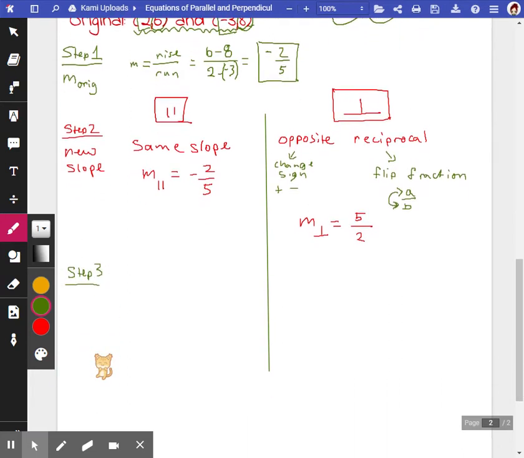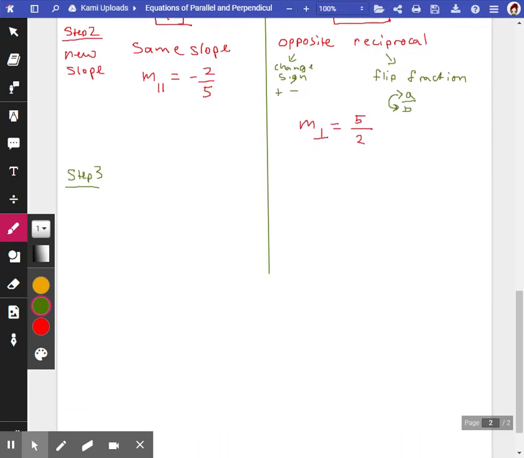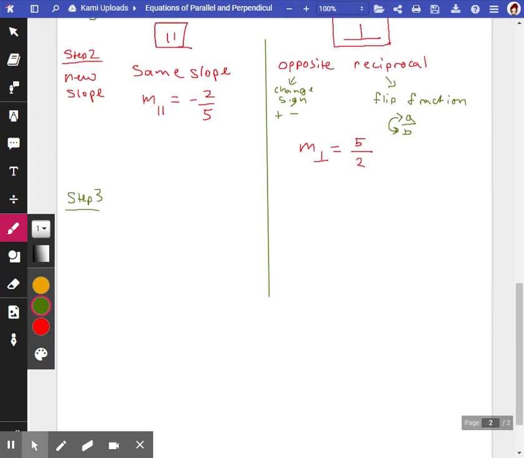Step 3, now that we have those slopes, is to plug it into point slope form. So that's y minus y1.